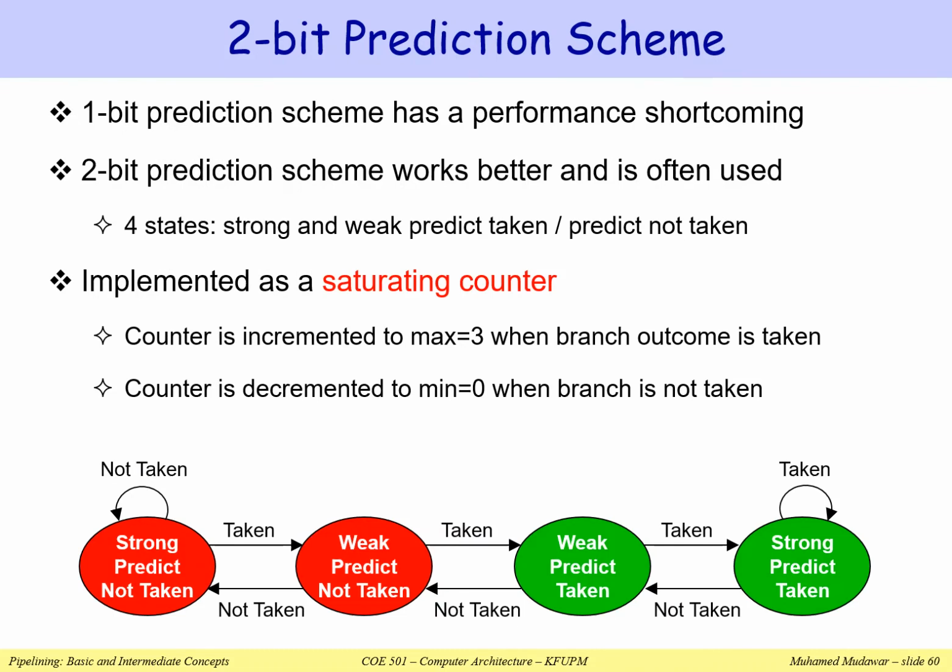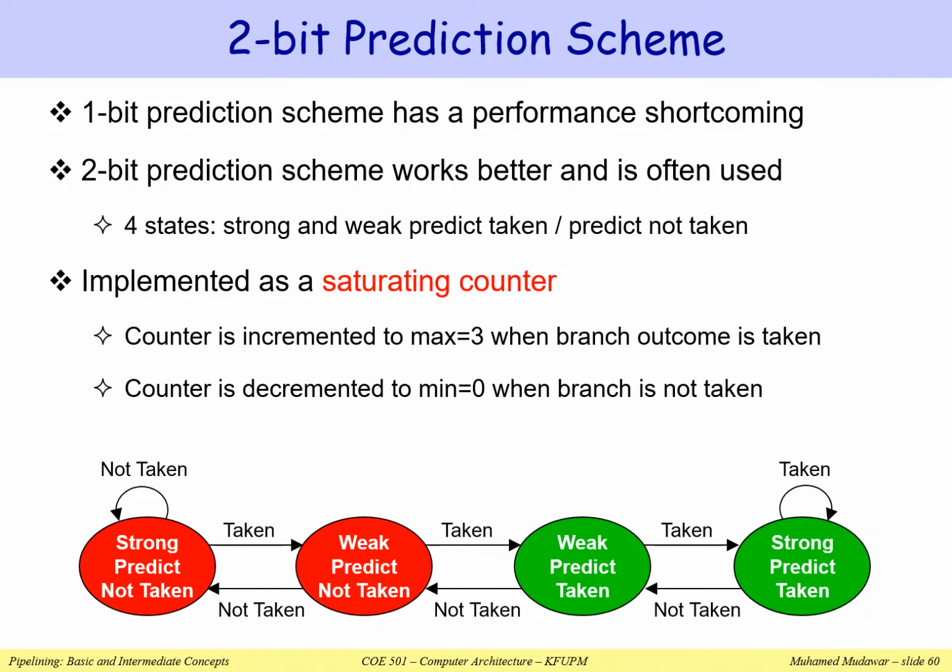In the 2-bit prediction scheme, for each branch instruction in the branch target buffer, we are using 2 bits to predict the outcome of the branch. So using 2 bits, you can have 4 possible values, so 4 states. The value of the 2 bits can be from 00 to 11, or in other words, from 0 to 3 in decimal.